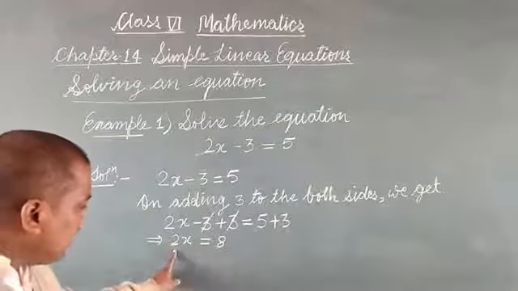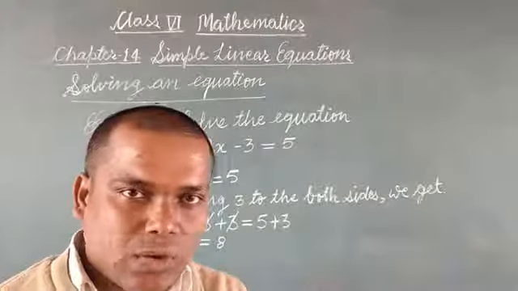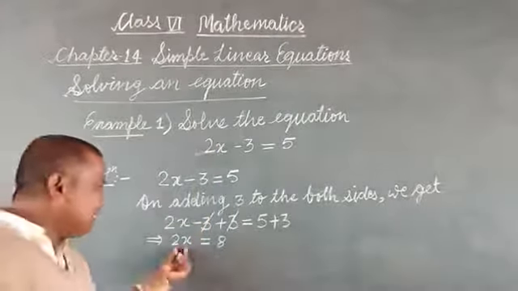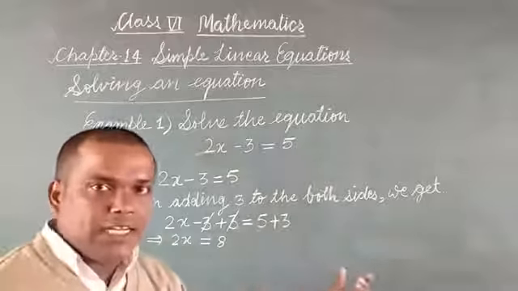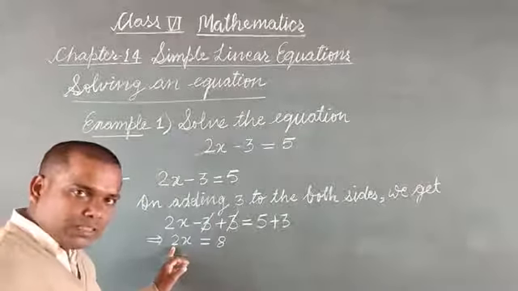Now on the left side we have 2x. We have to write only x. So what we do? We simply divide by 2 to both sides. Then 2 will be cut out from here.